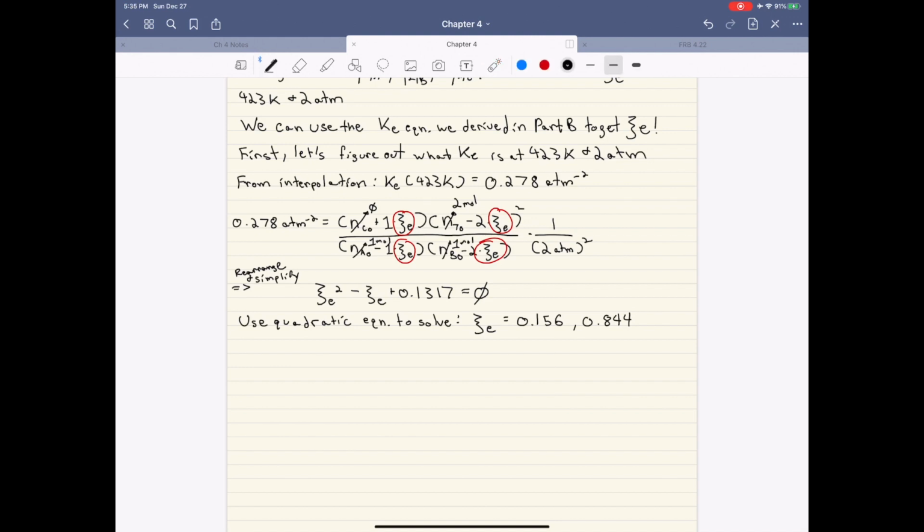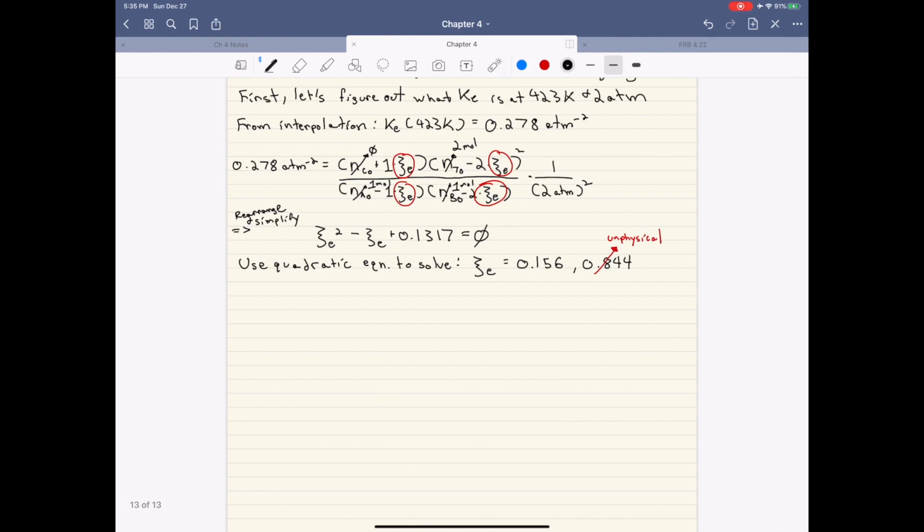And so, what we could do is we could actually just ignore this answer because it's unphysical, right? Mathematically, that's a solution to this equation, but in real life, you can't have negative moles, right? So we're just not going to bother with this one. Alright, so we're just going to only worry about the 0.156 value for Kc sub E. Alright.